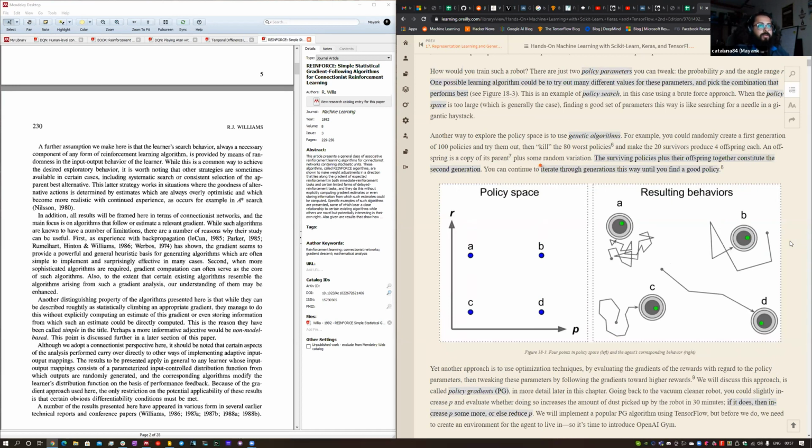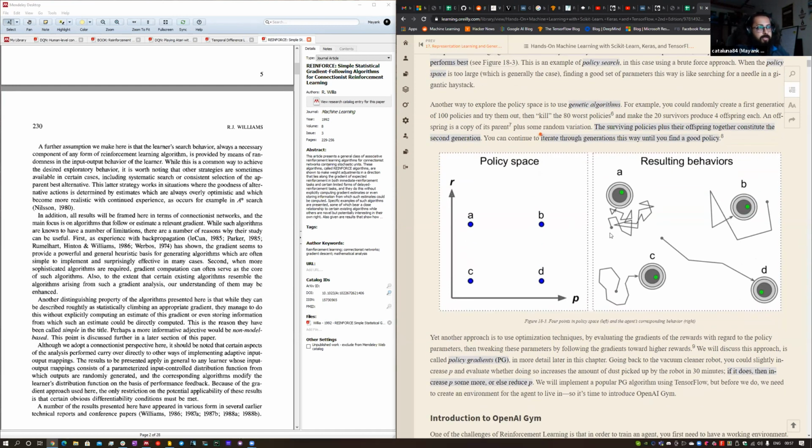Here they have given a visual pathway showing that if the angle range is larger and the probability is smaller, the robot will try to move more. P represents the rate of going forward or backward, and R represents the rate of rotation.